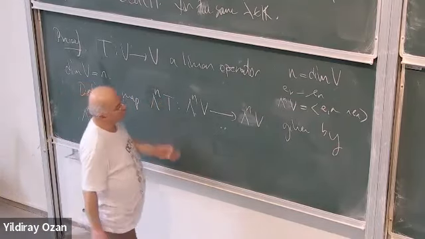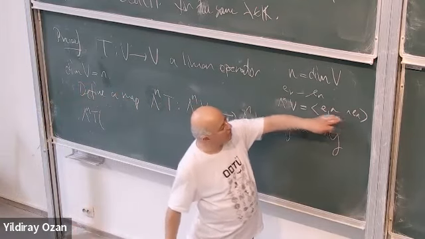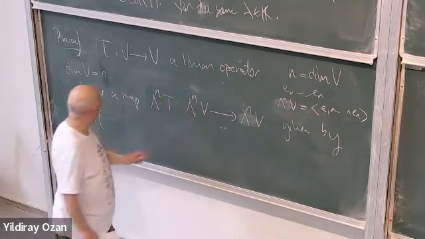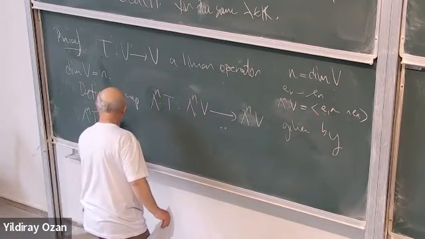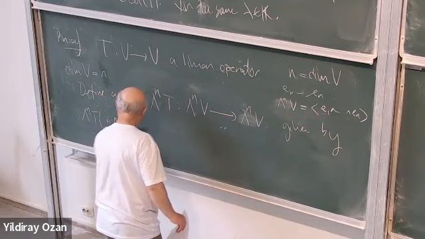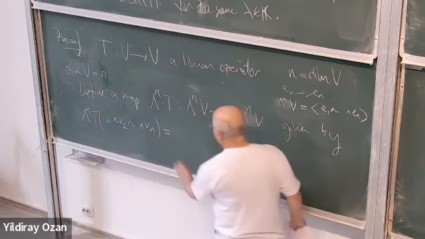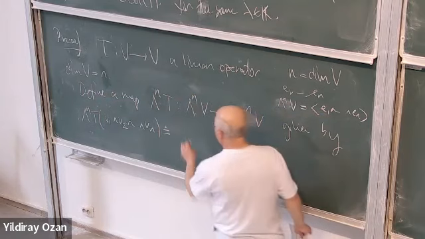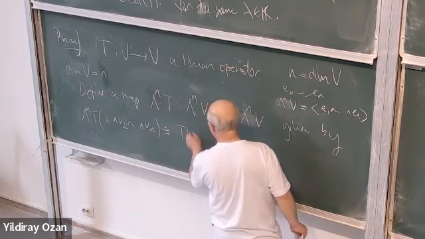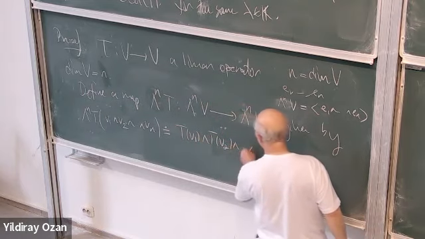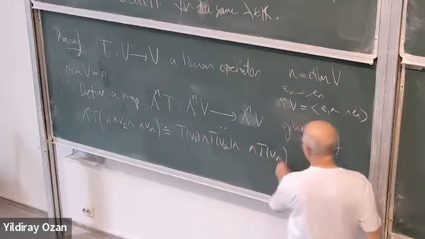In general, of course, you don't have to take this basis element. A typical element of this is this one: V1 wedge V2 wedge up to Vn, right? I define it this way. So this is just T of V1 wedge T of V2 wedge up to T of Vn.